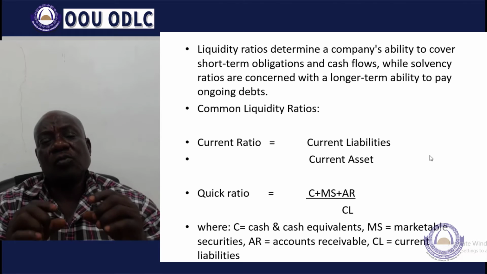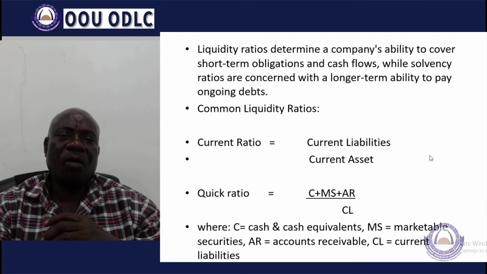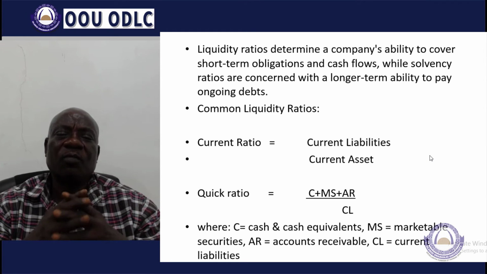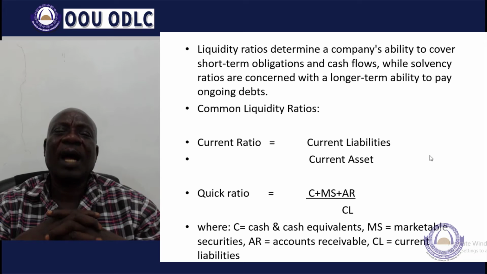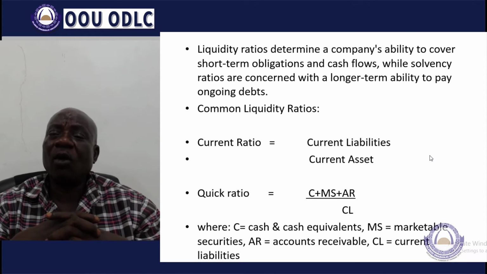These two ratios are used to determine the cash level or liquid items of the company that can be turned into cash in case the company needs funds to pay, especially to the creditors, or to meet some other obligation.